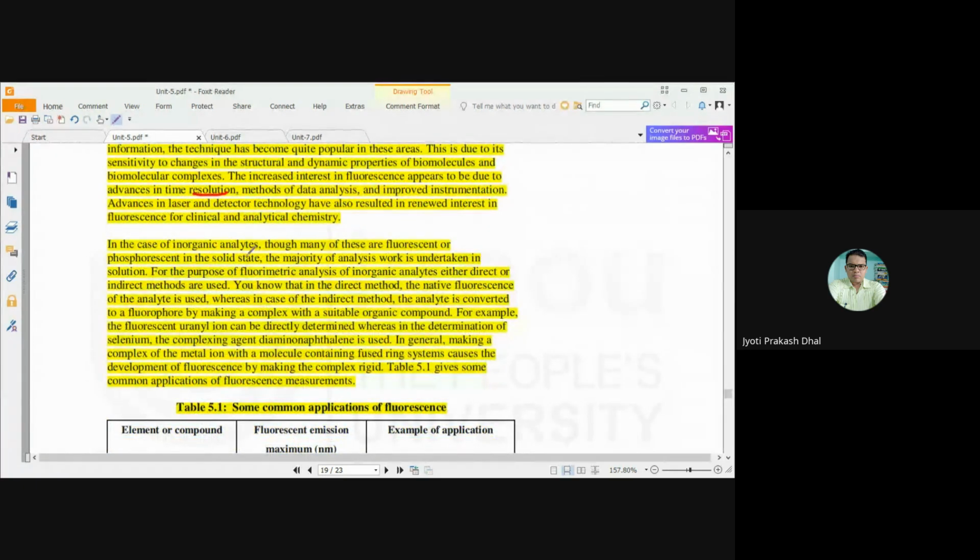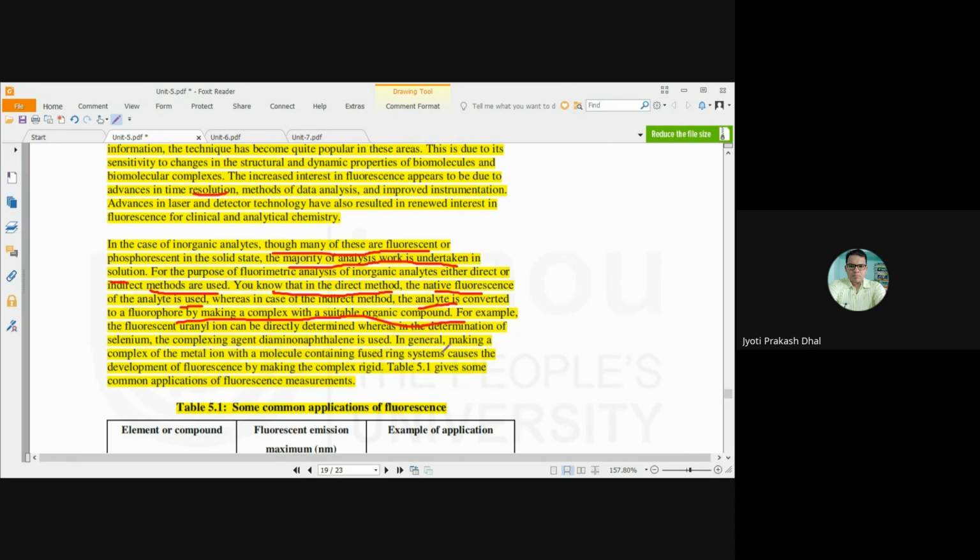In the case of inorganic analytes, though these are fluorescent or phosphorescent in the solid state, the majority of analysis work is undertaken in the solution state. For the fluorimetric analysis of inorganic analytes, either a direct or indirect method is used. You know that in the direct method, the native fluorescence of the analyte is used, whereas in the indirect method, the analyte is converted into a fluorophore by making a complex with a suitable organic compound.